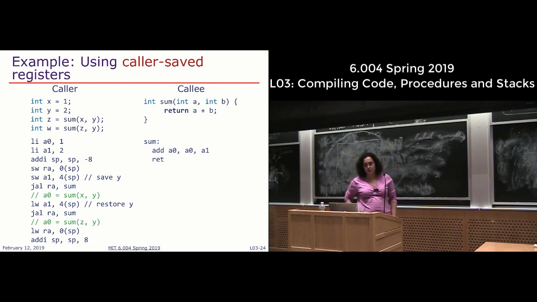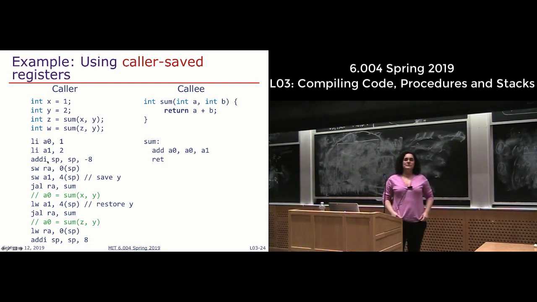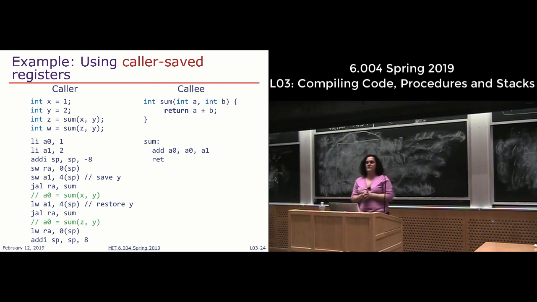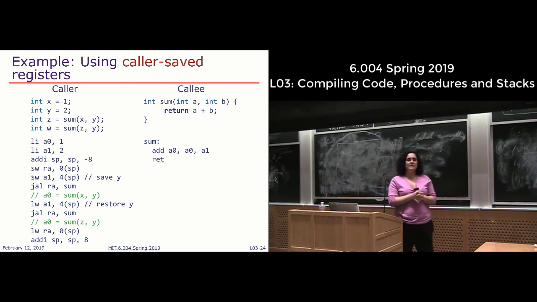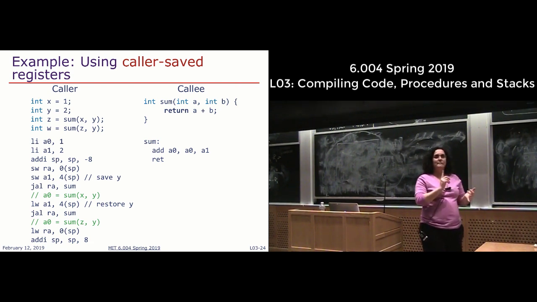So there are 2 registers that I've chosen to save onto my stack, okay? I've allocated 2 words, or 8 bytes, before calling this procedure, and that is used in order to save things that the caller is responsible for saving. The types of things that the caller is responsible for saving are the A registers and the RA register.